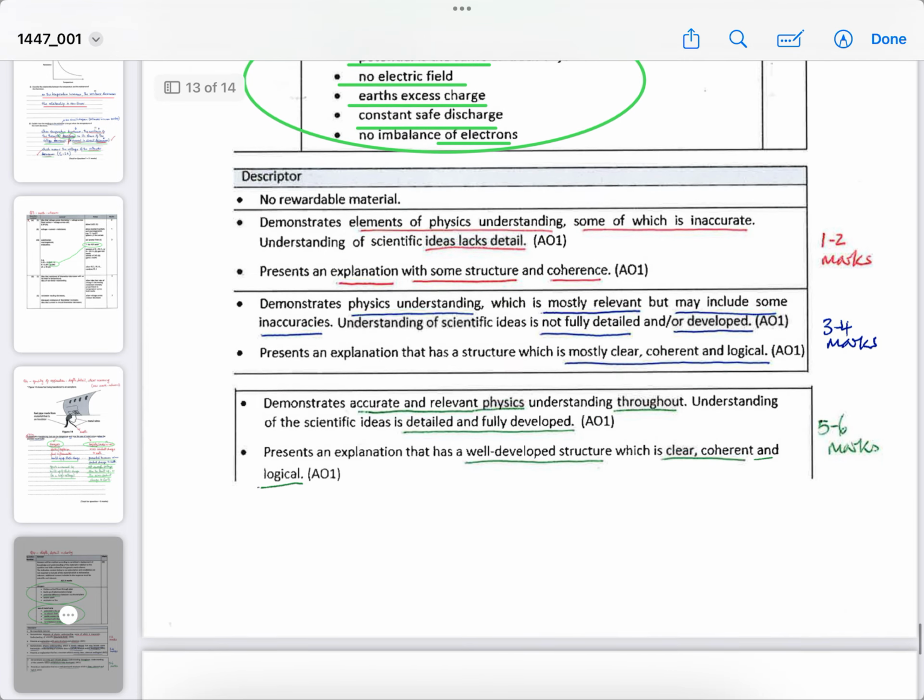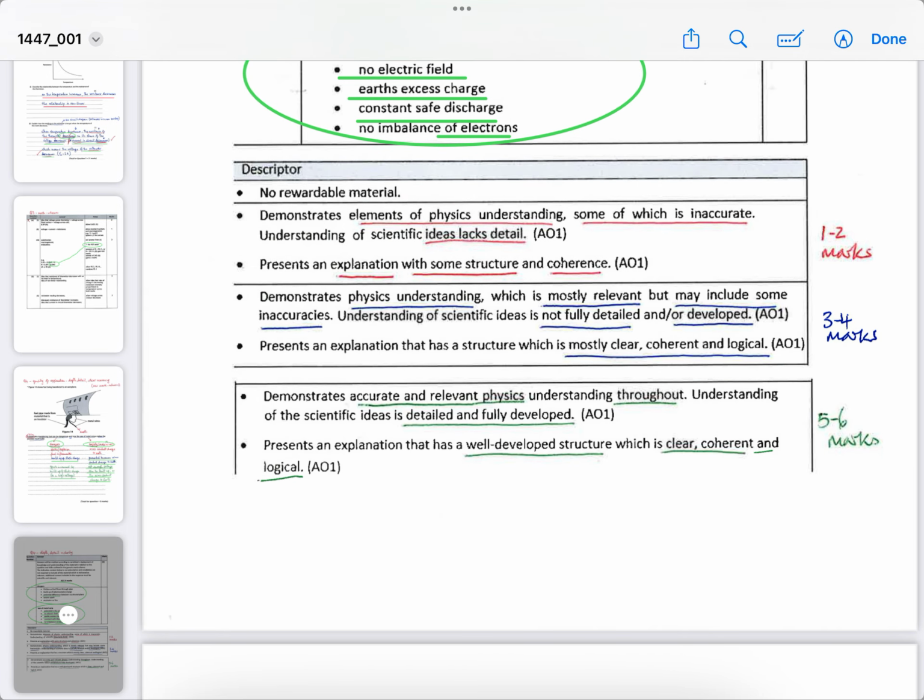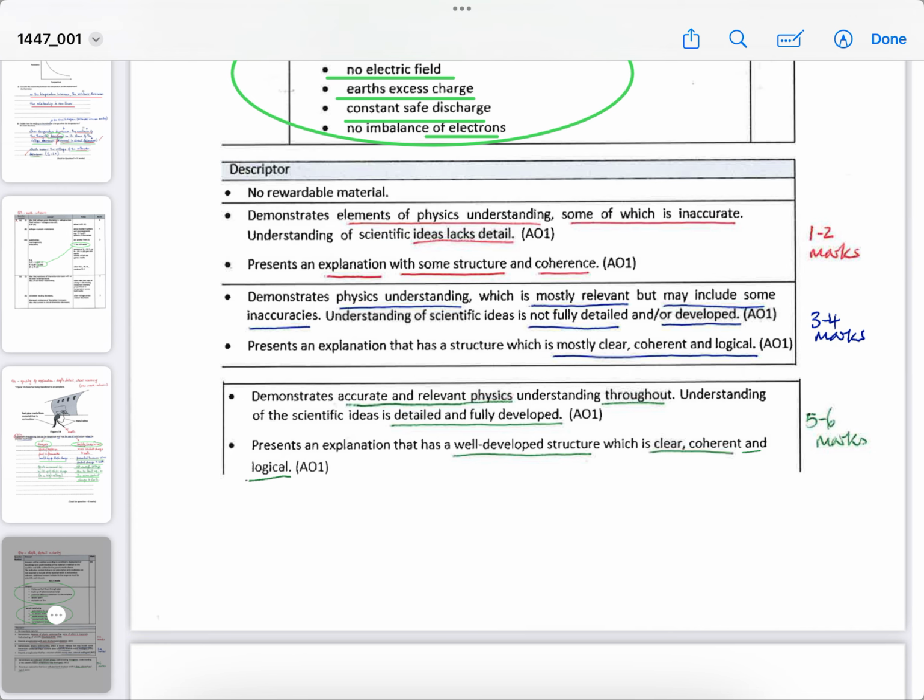And then over here they've explained that for 2 marks the elements of your understanding in physics are inaccurate, lack sufficient detail, and you have some structure and coherence, but you may have missed some important points. So that's the 1 to 2 marks.